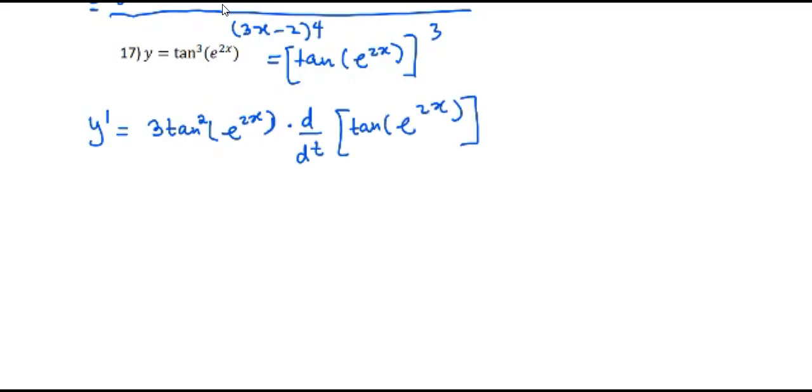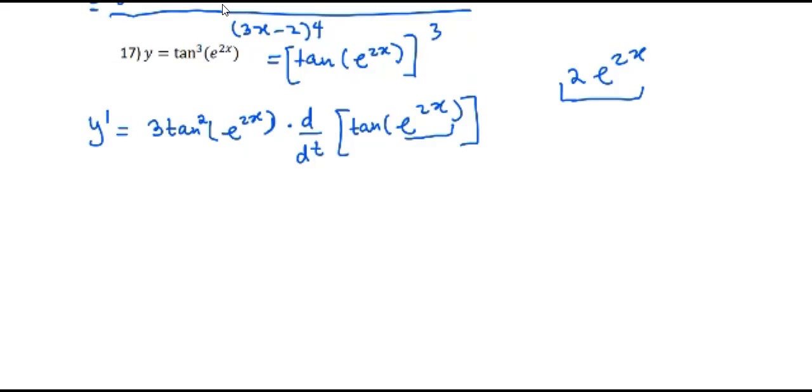And tan of e to the 2x is a composite function. So again, we need to take the derivative of the inside. The derivative of e to the 2x is 2e to the 2x. So we take the derivative of the inside and multiply that by the derivative of the outside.